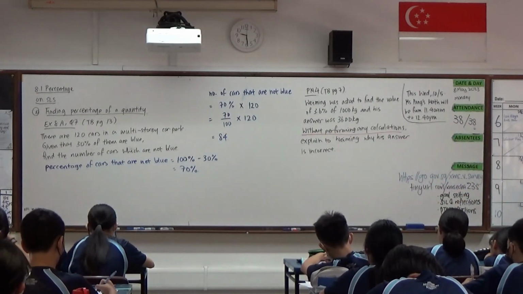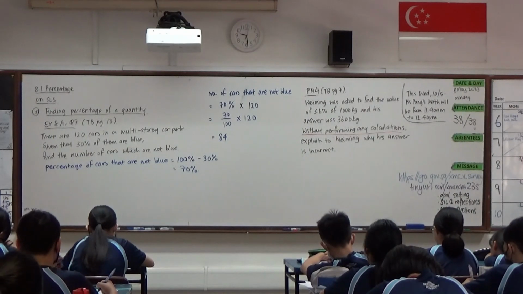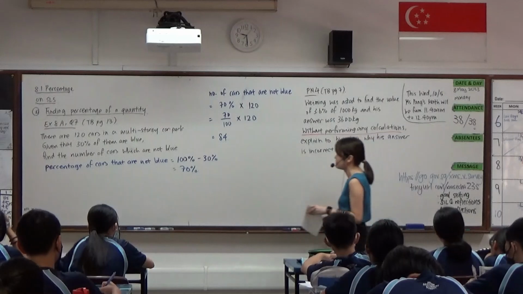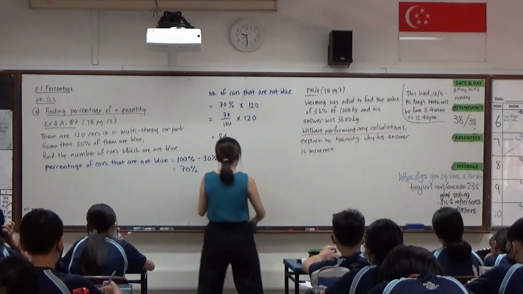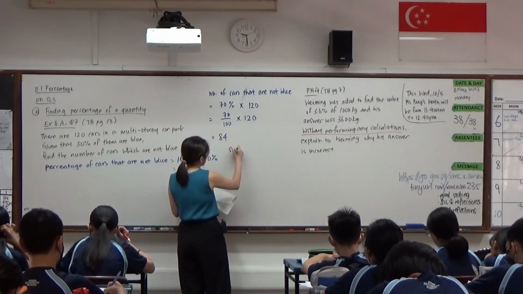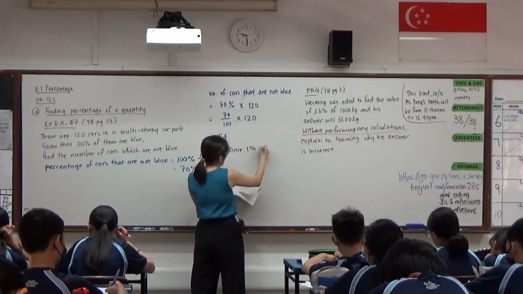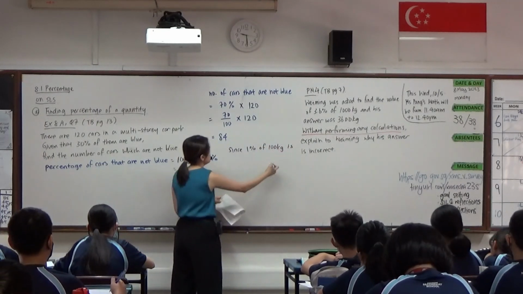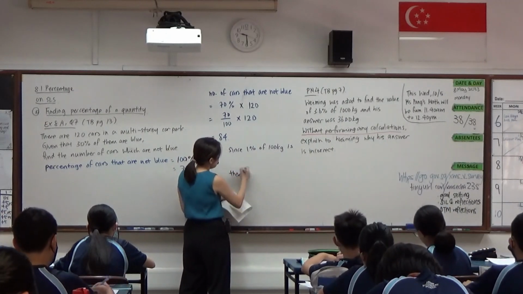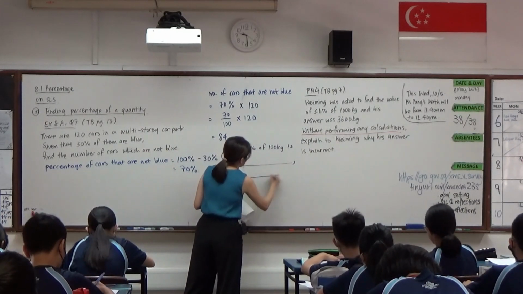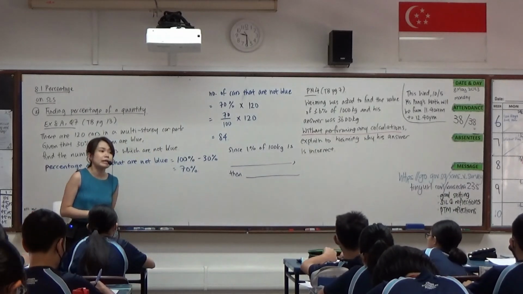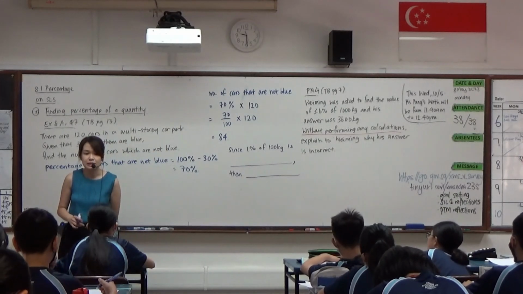In the question posted on SLS, I gave you some structure: since 1% of 1000 kg is something, then something. Kind of like filling in the blanks. I hope that those who did it find this familiar.